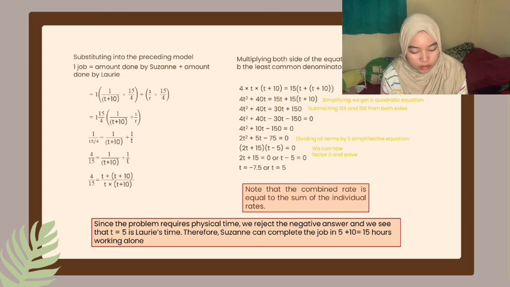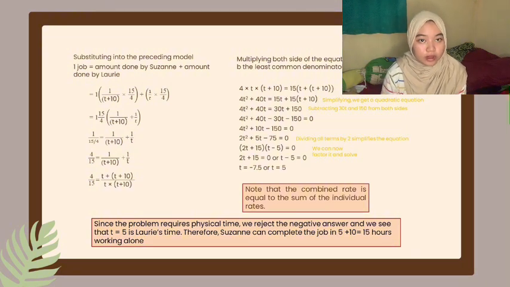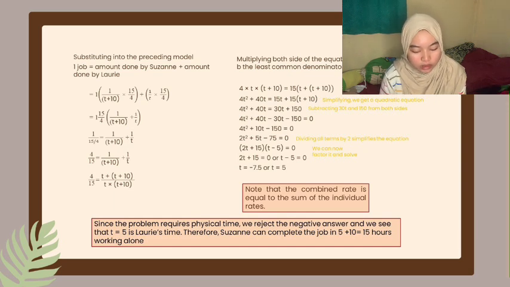T equals minus 7.5 or T equals 5. Since the problem requires a physical time, we reject the negative answer and we see that T equals 5 is the valid answer. Therefore, Susan can complete the job in 5 plus 10, or 15 hours, working alone.